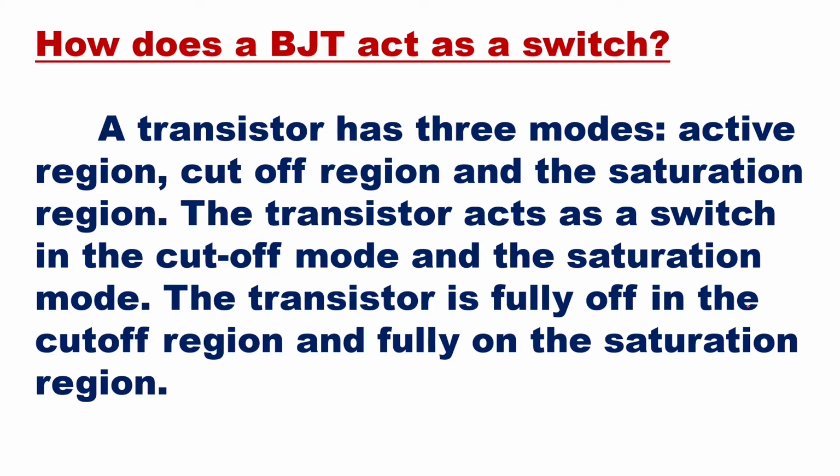I have told you this earlier also. These two modes, the cutoff mode and the saturation mode, are used if the transistor is being used as a switch. For that application, you have to make the transistor operate in cutoff mode and saturation mode. The transistor is fully off in the cutoff region and fully on in the saturation region.